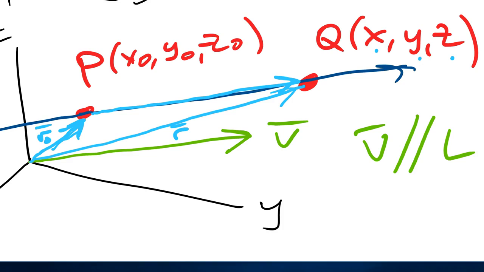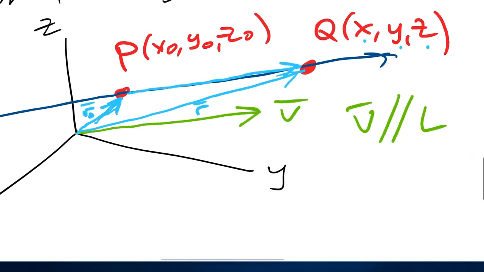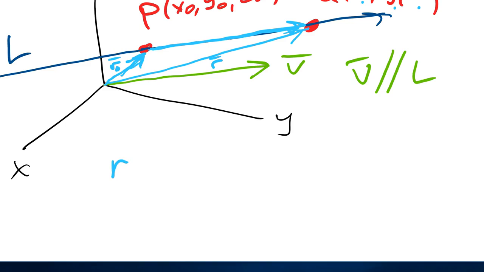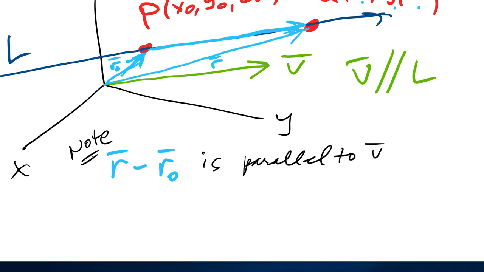Now, in your theory of vectors, the vector that connects these two is R minus R naught. R minus R naught is, let's note, parallel to V, and it has a certain length.